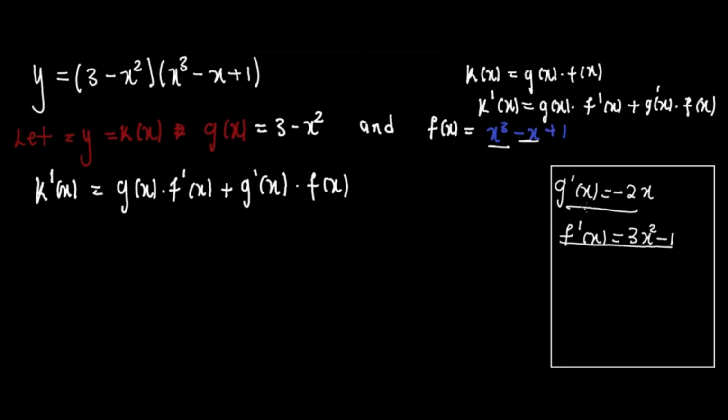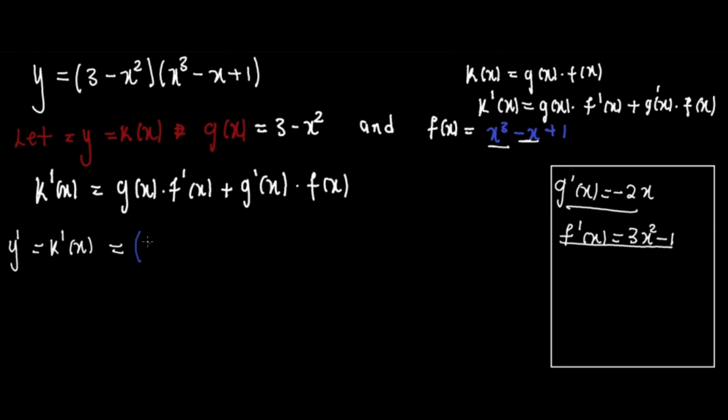So now y prime, which is equals to k prime of x, is equals to, what is g of x? G of x is 3 minus x squared.